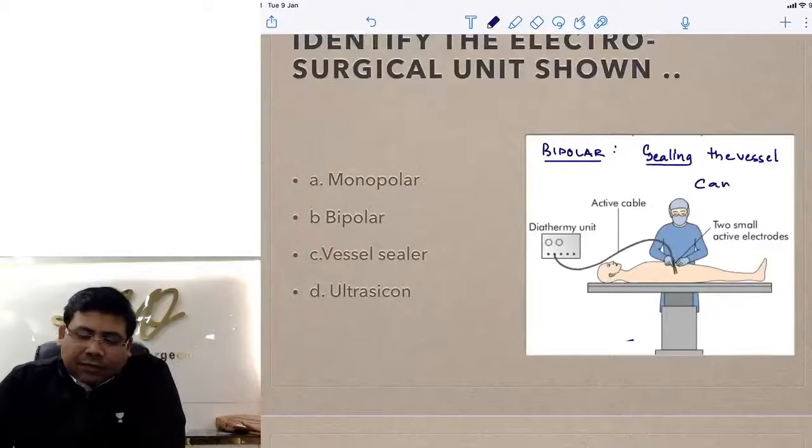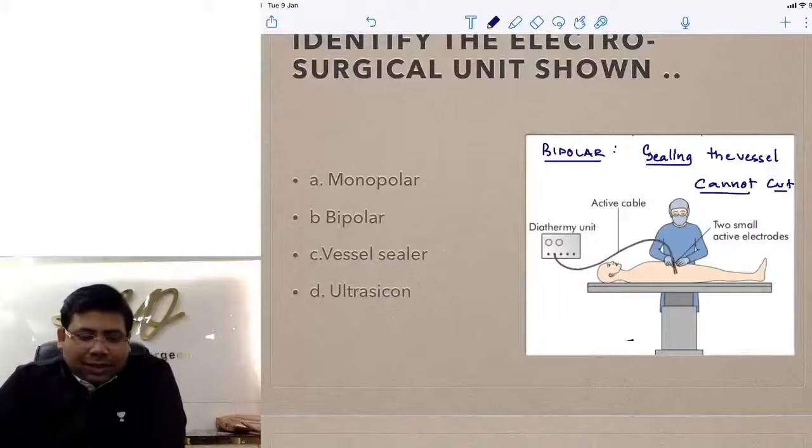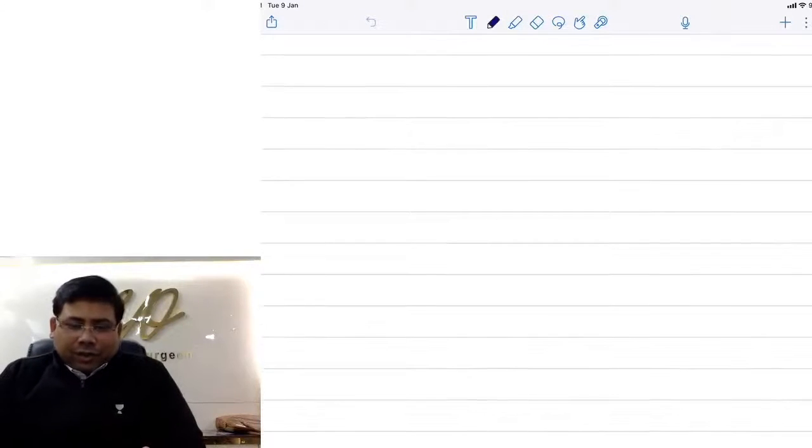It cannot cut. We require a special scissor or a blade to cut. Bipolars can only seal. So let us see something about modern-day electrosurgical units and how they function. This is a very, very important topic for all.